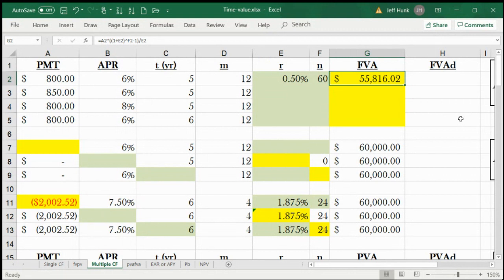Is that enough? Did you reach the target future value, which is 60,000? So arriving at this is only half the answer. You shouldn't lose focus. You shouldn't lose perspective.